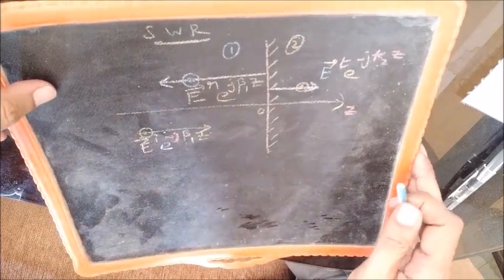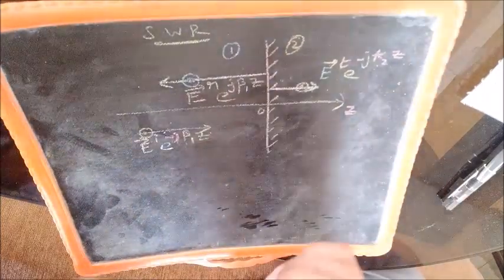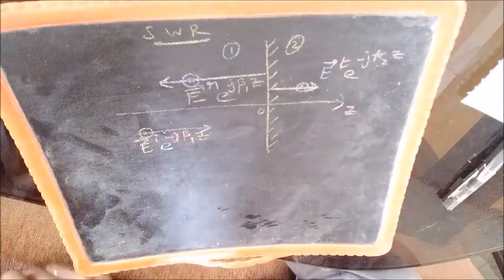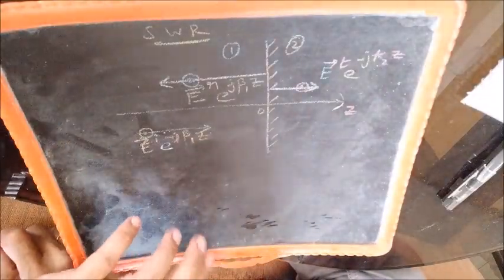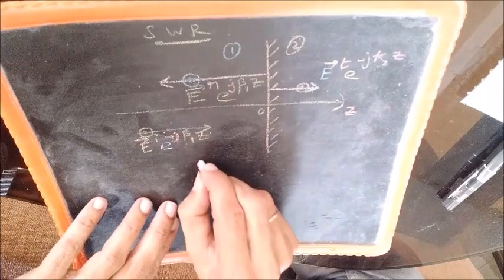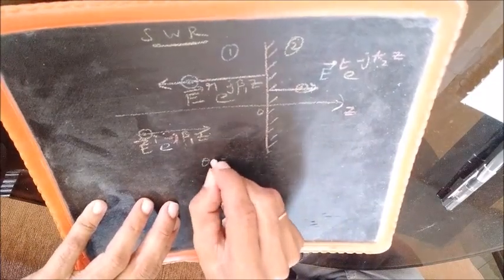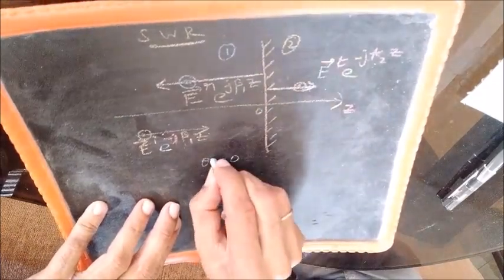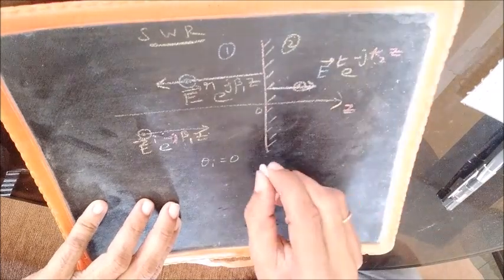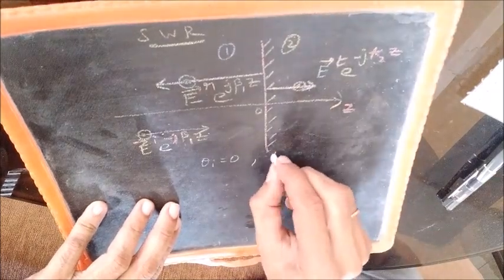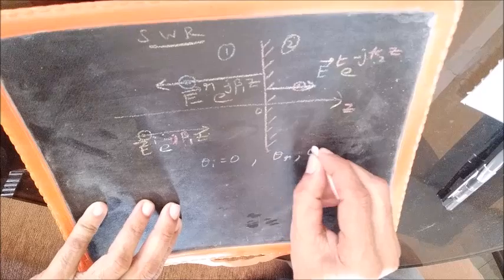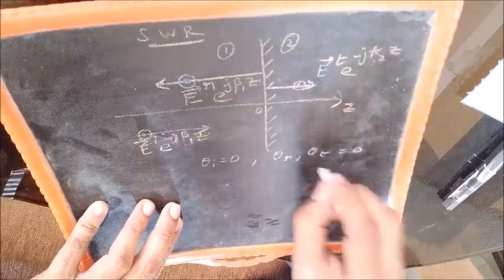Now, from the previous discussion on the incidence and reflection of plane waves, we know that in this case theta i is 0, and consequently theta r and theta t are also 0.